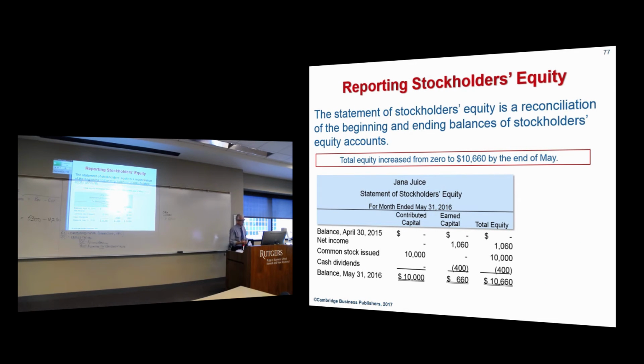So the balance sheet is going to articulate with a statement of stockholders' equity.